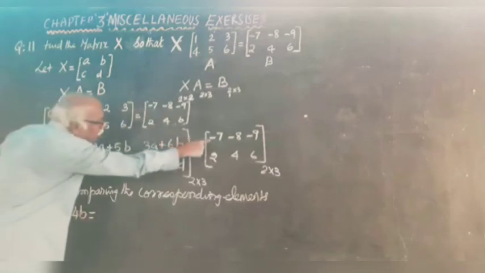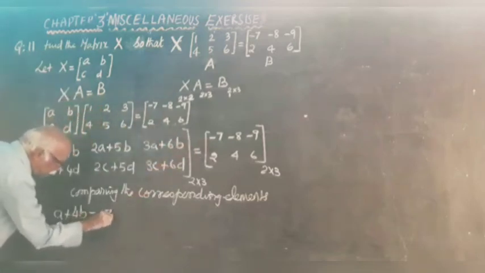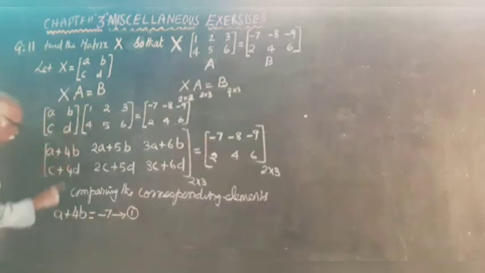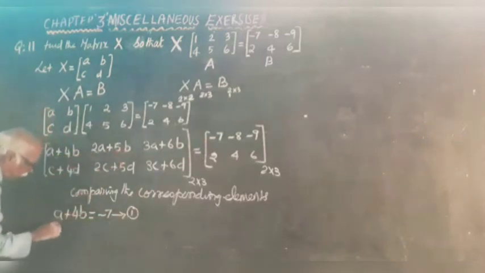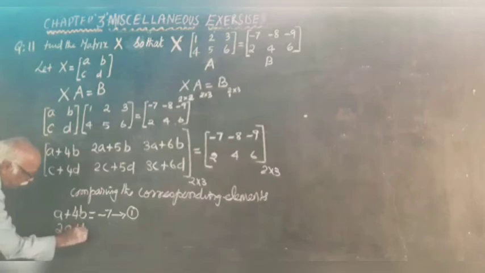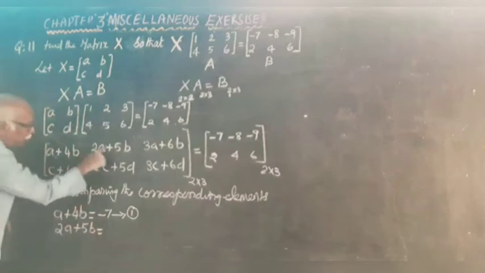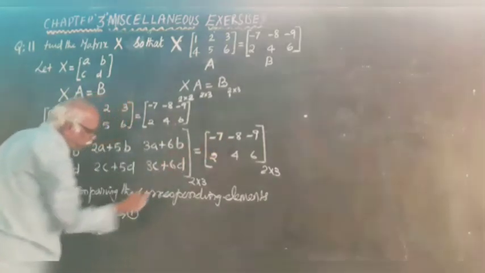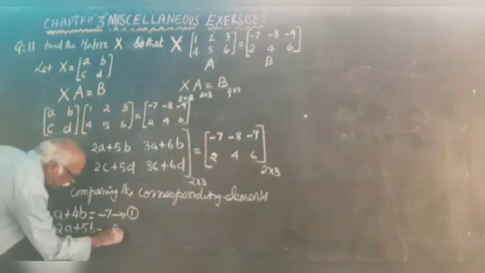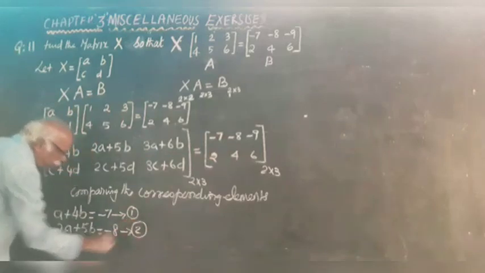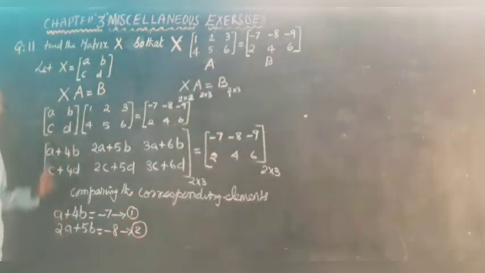A11 is equal to A11, minus 7. Equation number 1. Then 2A plus 5B, A12 is equal to A12, minus 8. Two equations is enough, since two variables need two equations.